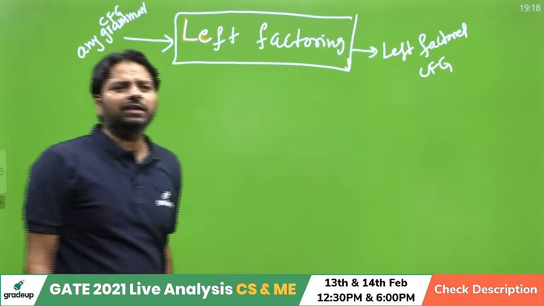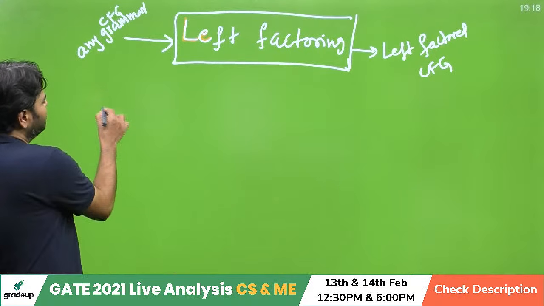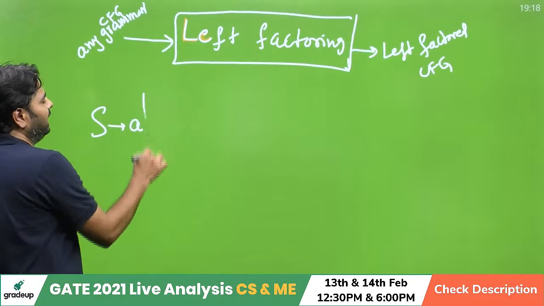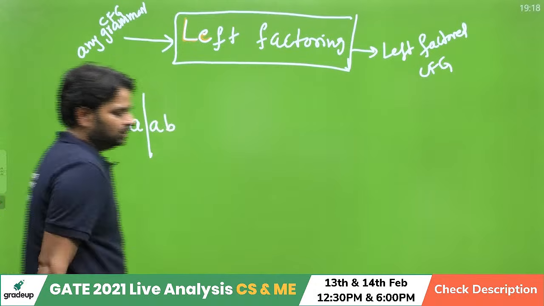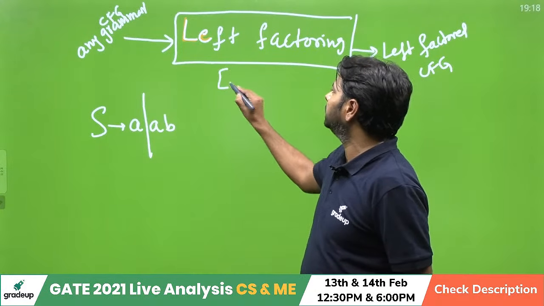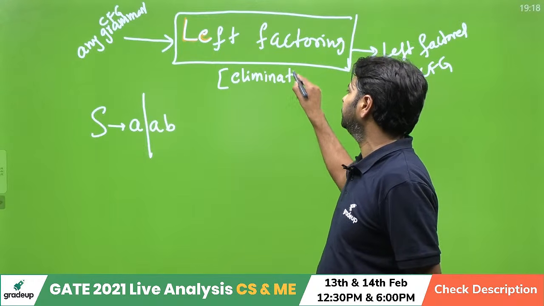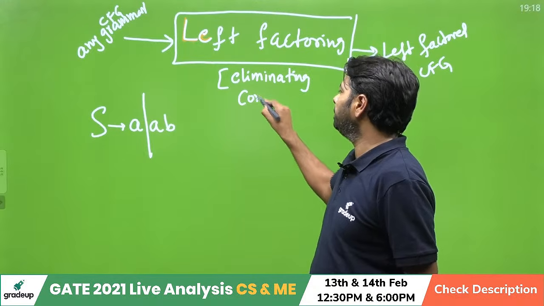If it is already left factored, you will get the same output. If it is not, it will make it left factored. So what is left factored? Suppose you have S derives A or AB. This is not left factored because you have a common prefix. Left factoring is nothing but eliminating common prefixes. That is the algorithm.